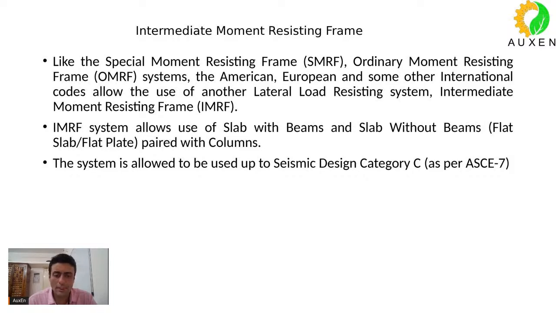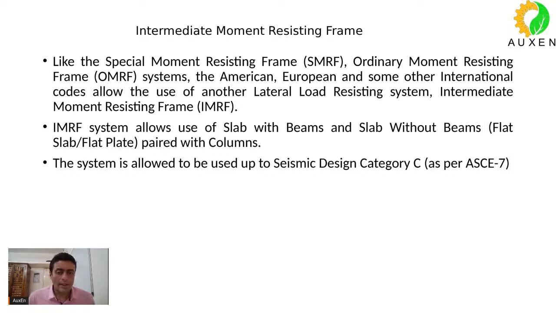So we can go up to zone 3 for a certain height, otherwise up to zone 2, isn't it? No, in fact, zone 2 and zone 3 up to a certain height. That's what we can go with if we are using an ordinary moment resisting frame. In zone 4 and zone 5, and in zone 3 for certain heights, we have to go for a special moment resisting frame.